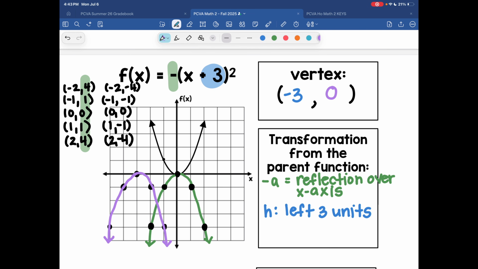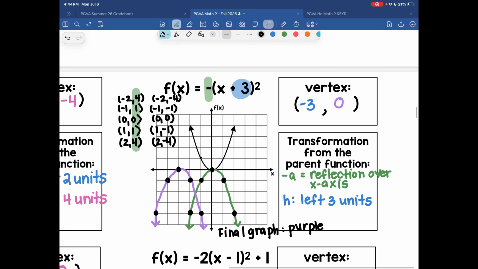So we apply the A value first, and then after we do the A value, then you do the shifts from the vertex. All right, so again, we can now see from here, we did a reflection over the x-axis, and then after we did that, we moved it to the left 3.